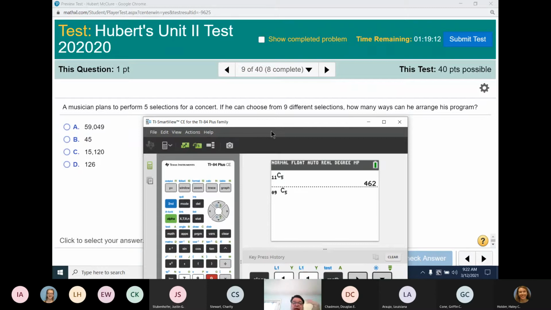I'm not saying that I'm wrong if it is wrong, but there is nothing on this problem that says order. And usually what I've seen in the homework, they usually say it. Where did you get that information, Mr. Justin? Did you read that in the book? No, it was the how many ways can he arrange it that made it sound like since he's arranging it and there's music, he can put one song first and then another song second.